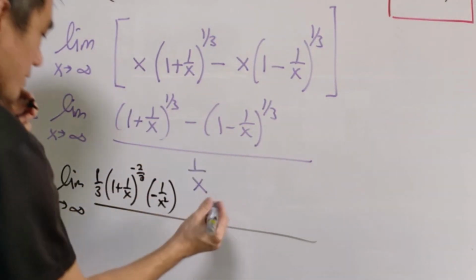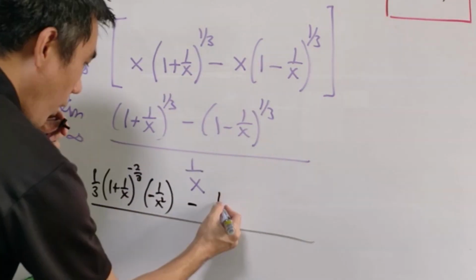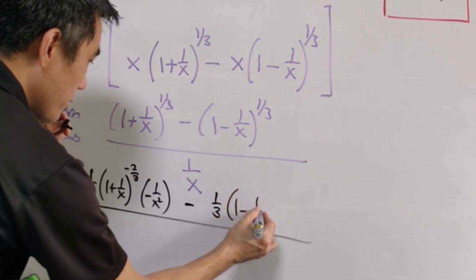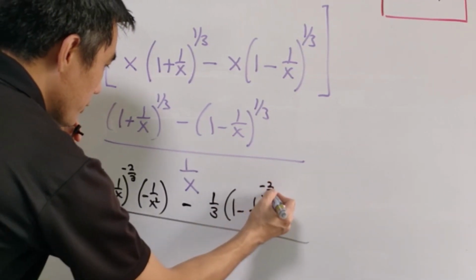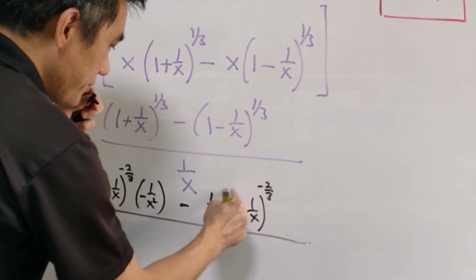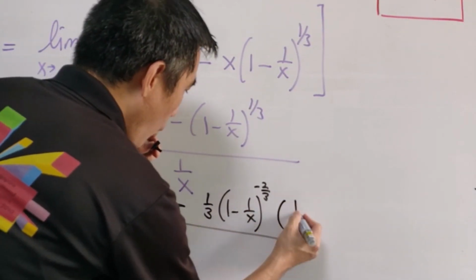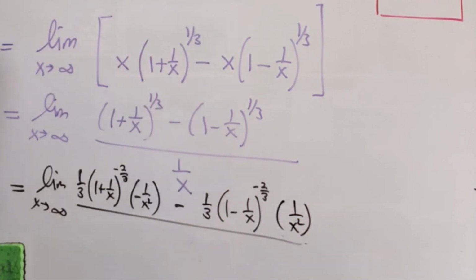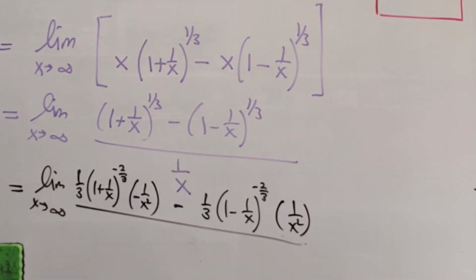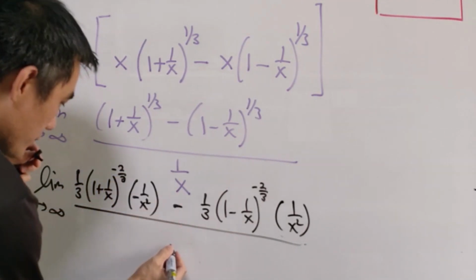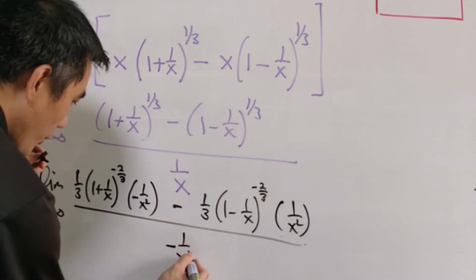Similarly, for this, it will be minus 1 over 3 times (1 minus 1 over x) to the power of negative 2 over 3. And don't forget that we have to differentiate 1 minus 1 over x, which gives 1 over x squared. Finally, we take the derivative of 1 over x, which is negative 1 over x squared.